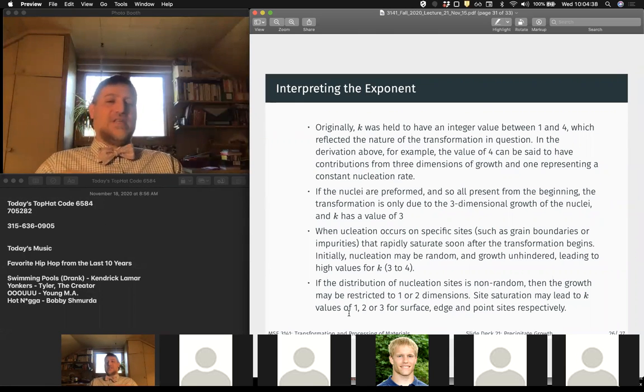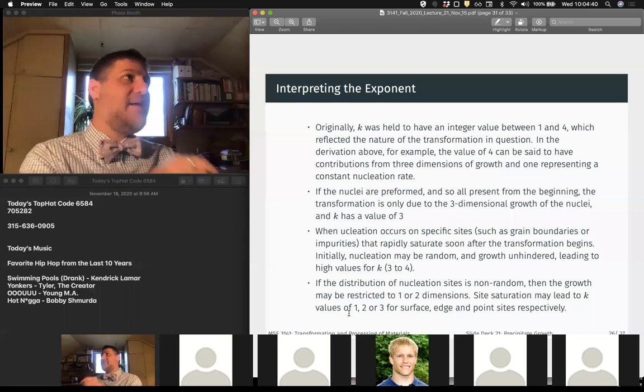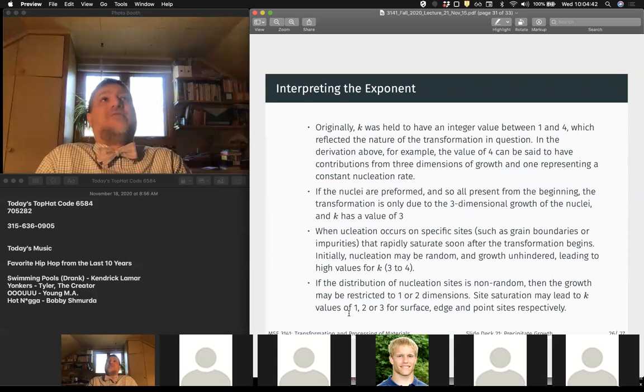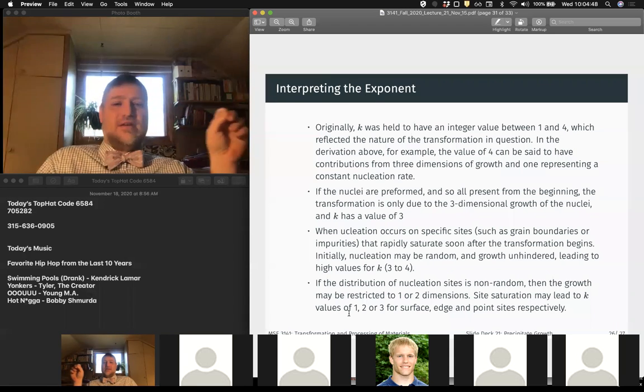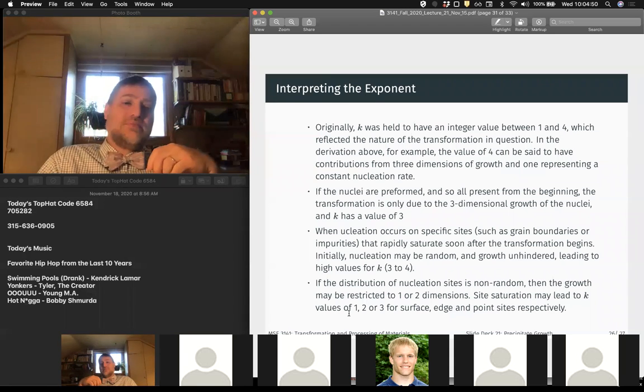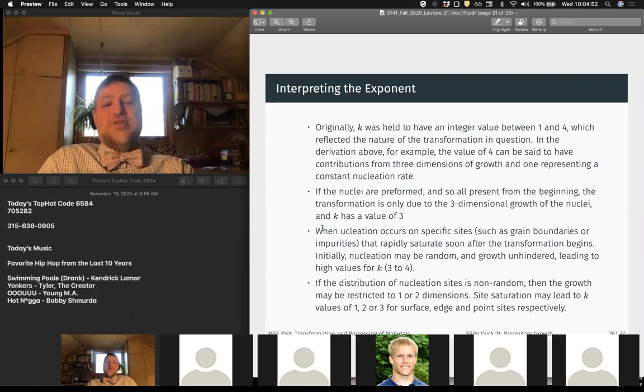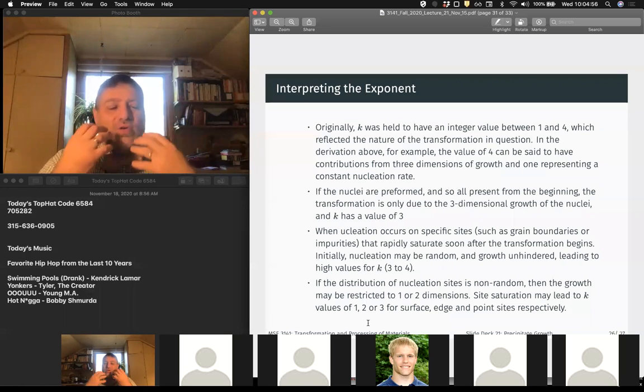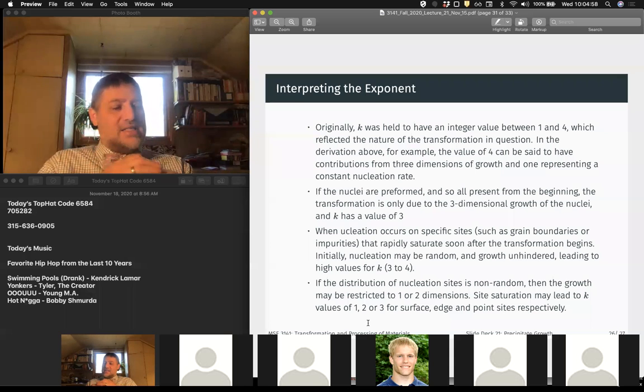Okay, so this is why I said we can sometimes get some information on the physics. It's not like we have a lookup table and say, oh, my exponent's 3, that means this. No. It's a non-unique lookup table. There are many sets of physical ways the transformation can proceed that will give you the same Avrami exponent. It's a many-to-one type mapping, right?